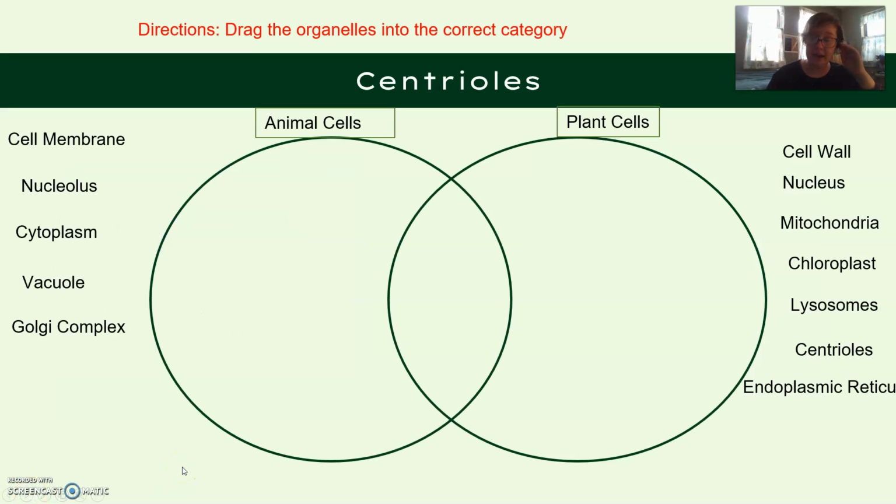Okay, very quickly here, I have my timing in for my video. We're just going to quickly create a Venn diagram. I would prefer you pause this and try it on your own, but all you're going to do is exit presentation mode, and we're going to drag these terms into the appropriate place.